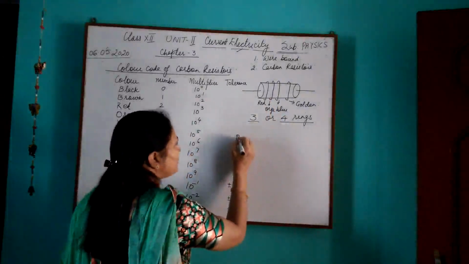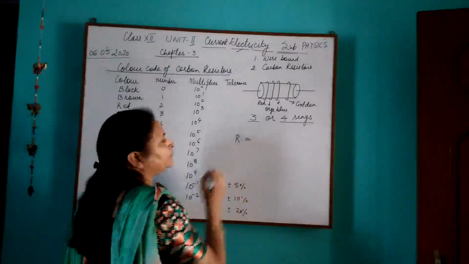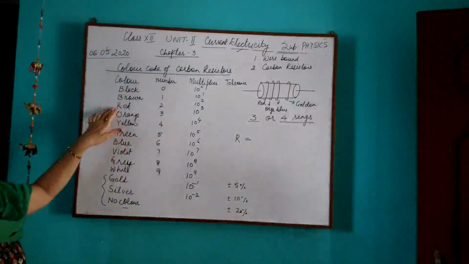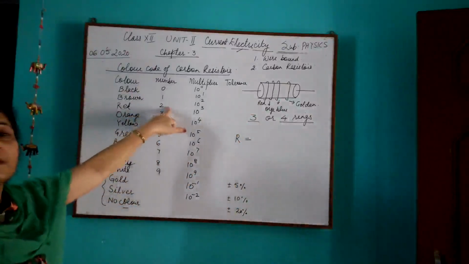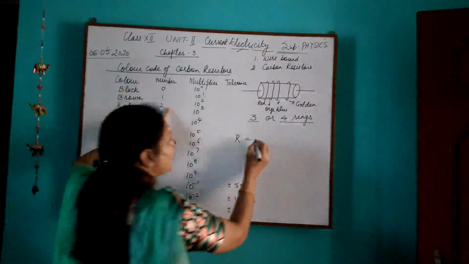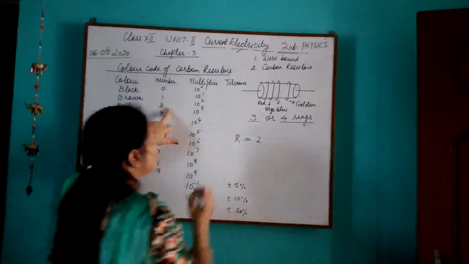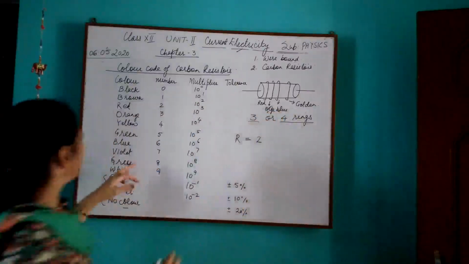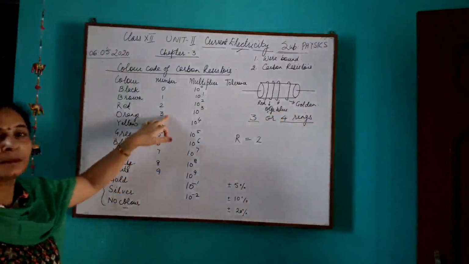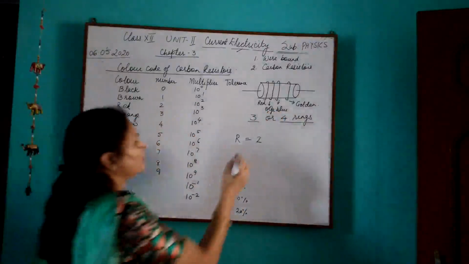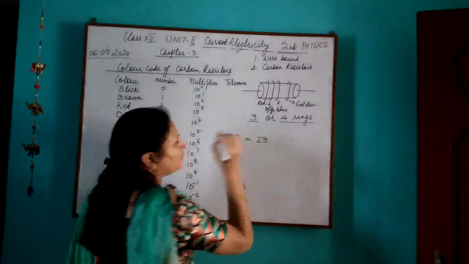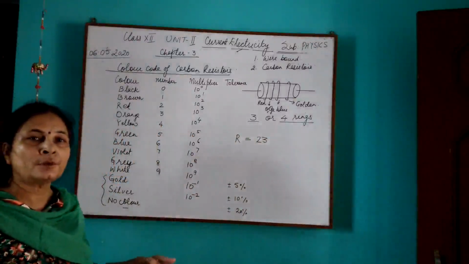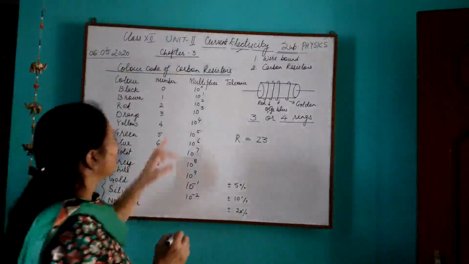So the value of this resistor will be equal to the red color. Just come to the red color. The digit in front of it is 2. So the first digit is 2. The second is orange. So come to the orange color. It is 3. So the first 2 digits are represented by the first 2 colors.